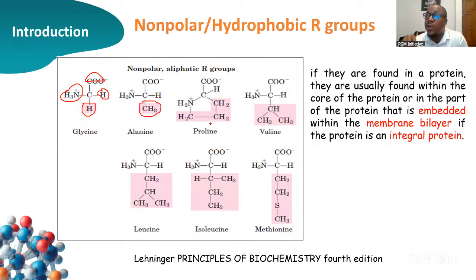So it is called an imino acid. Secondary because we have two bonds: this bond that goes to this carbon and this bond that comes to this other carbon. So it is in between two carbon atoms.